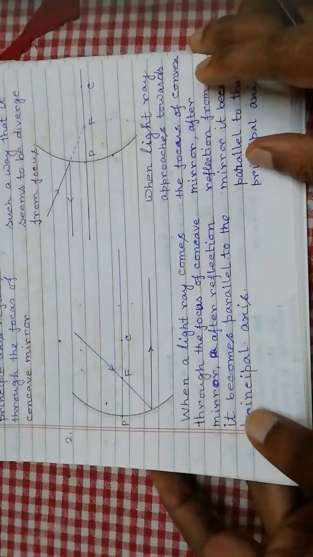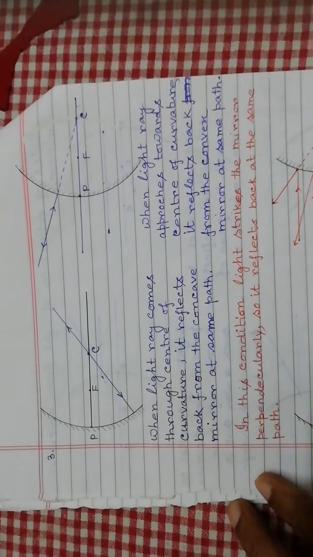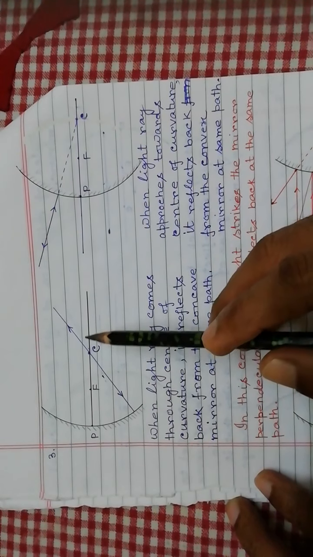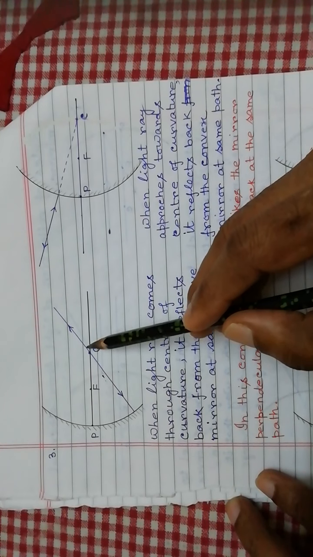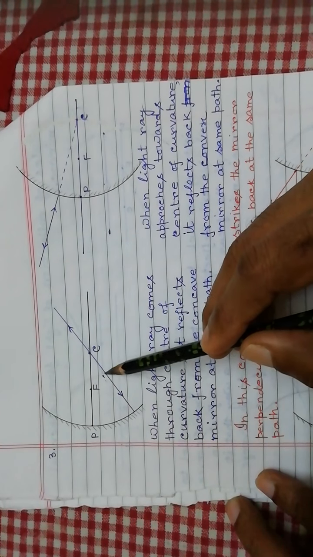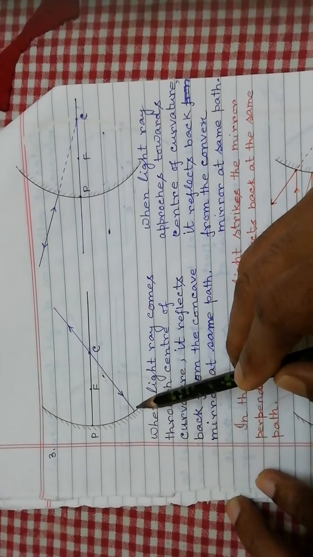Now the third rule: here the light ray comes through the center of curvature and strikes the concave mirror.